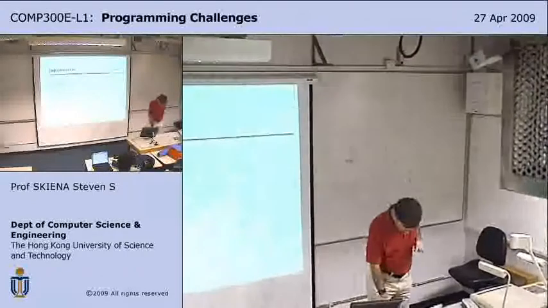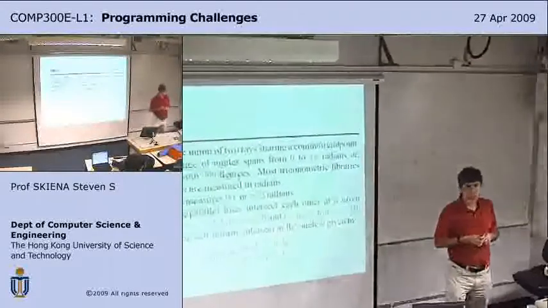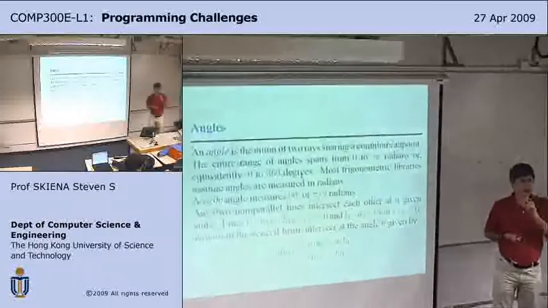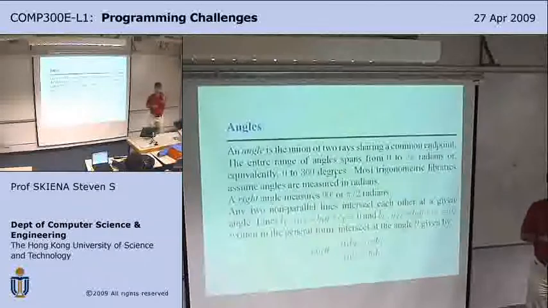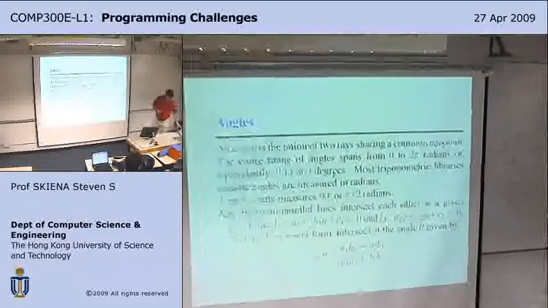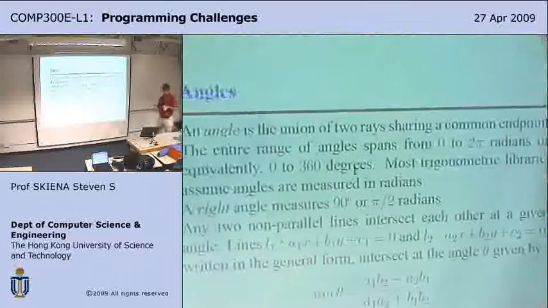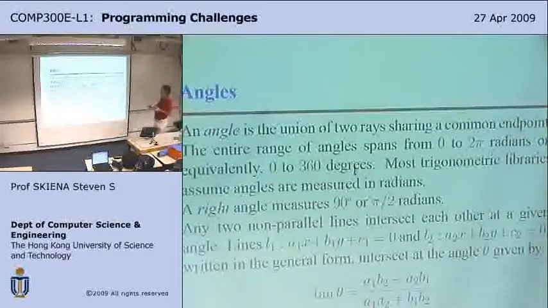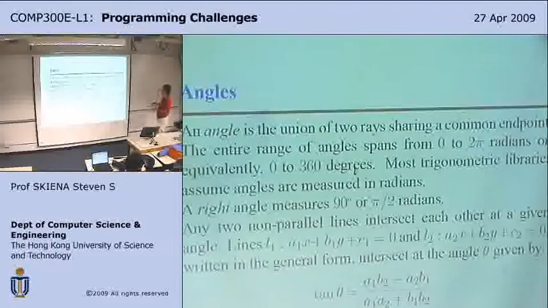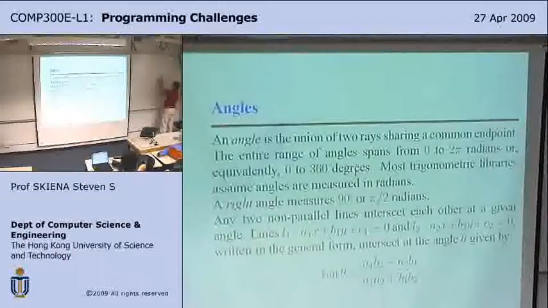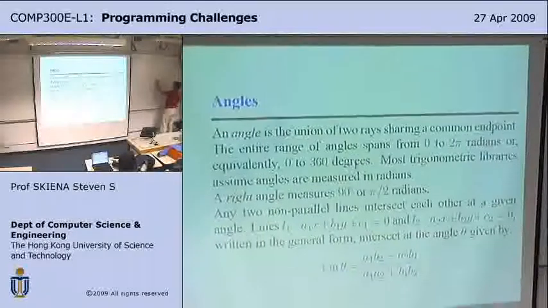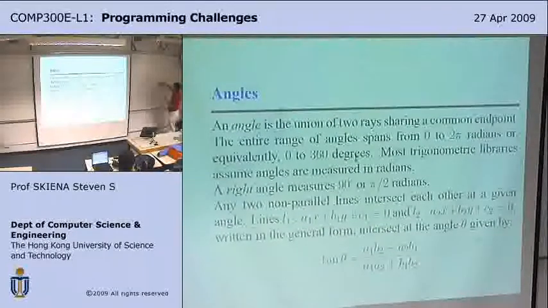Okay? So that's not so hard. Any questions about that? The other way to think about lines is to think about them somehow as angles. An angle is defined by what they call two rays, or equivalently, there are angles defined between two lines that intersect.